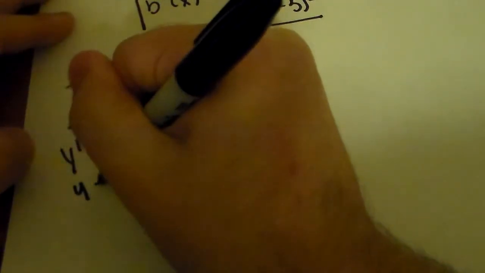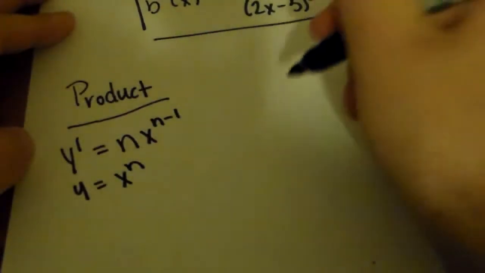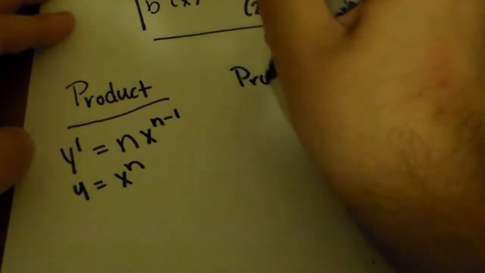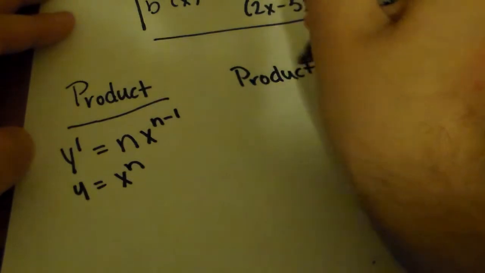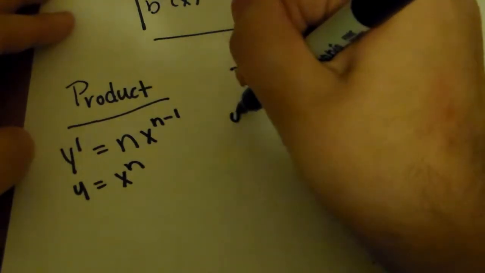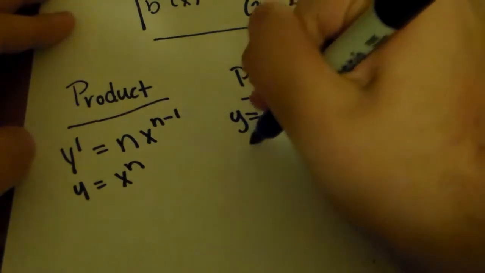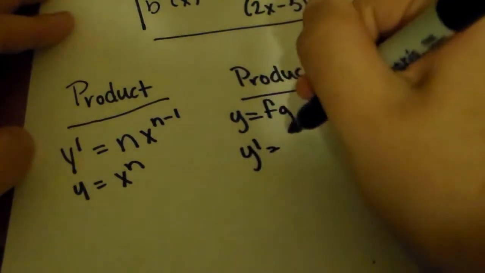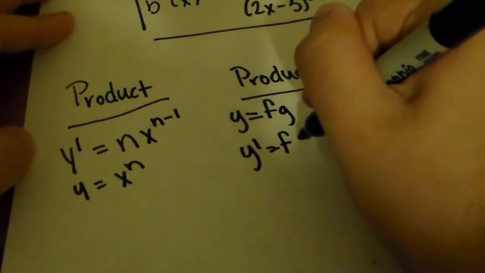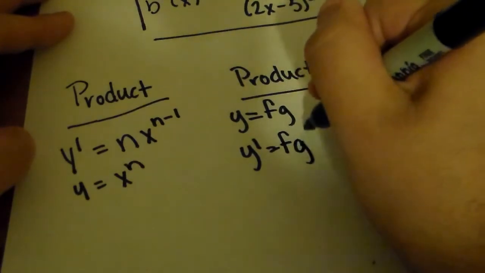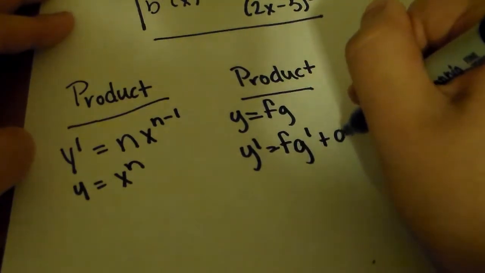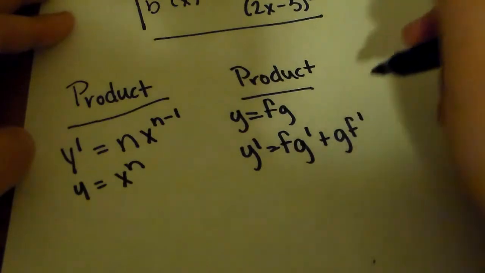Let's just write y equals x to the n. Product rule: y equals fg. y prime equals f first times the derivative of the second plus the second times the derivative of the first.